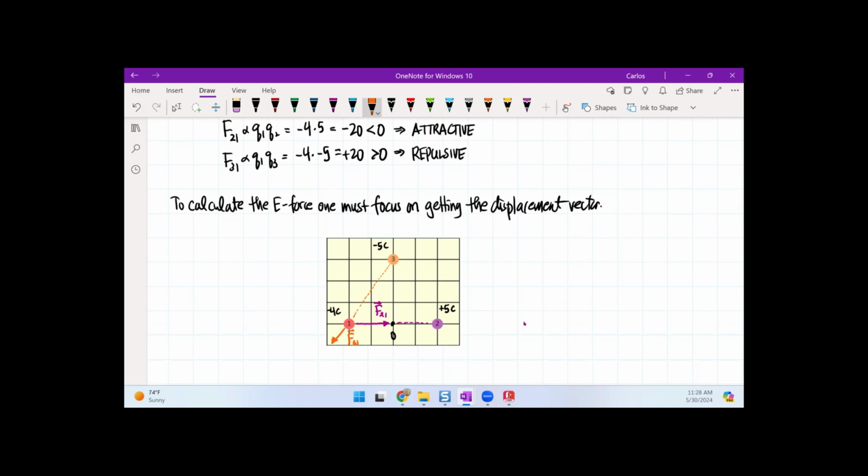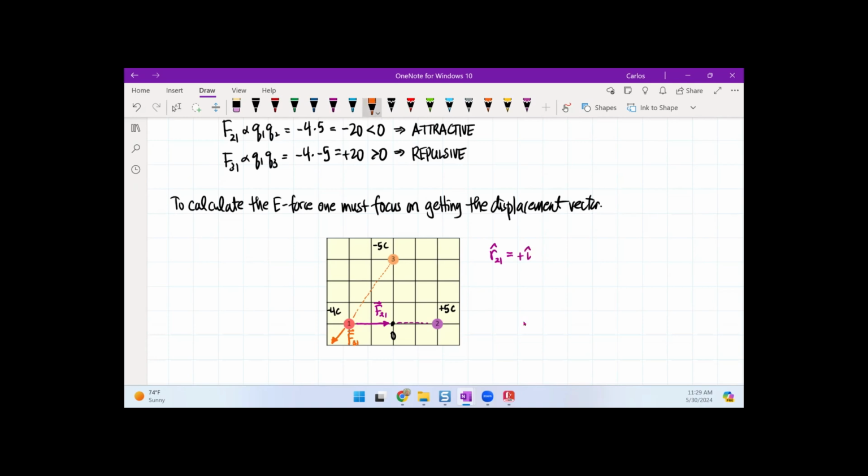So when I look at my displacement, I have to have a vector in the positive direction for 2 to 1, and a vector in the third quadrant for 3 on 1. In other words, the unit vector r21 has to be in the positive i direction.